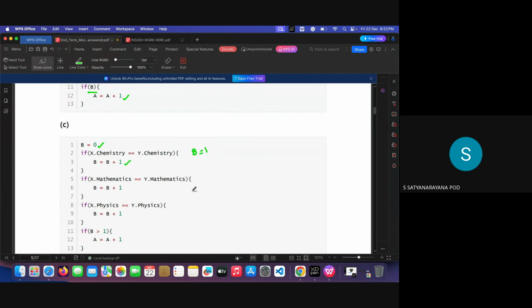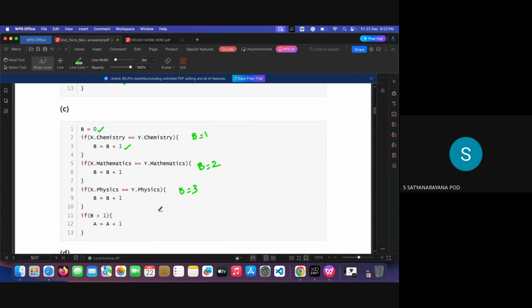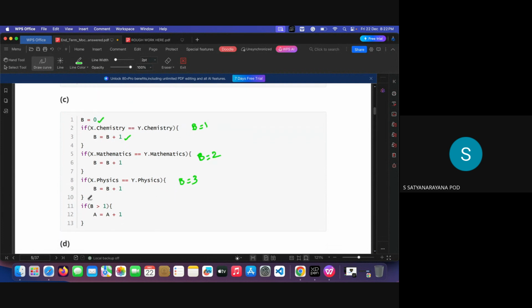Whenever the second subject is also equal, B will become 2. Whenever the third subject is also equal, B will become 3. So now, if B is greater than 1, actually this is perfect.